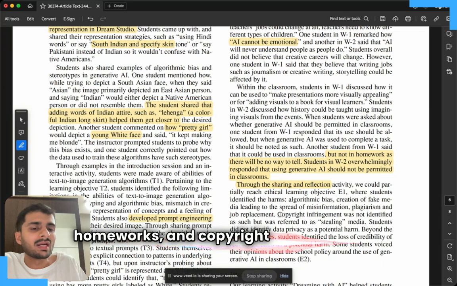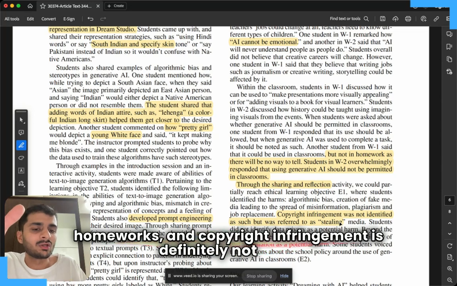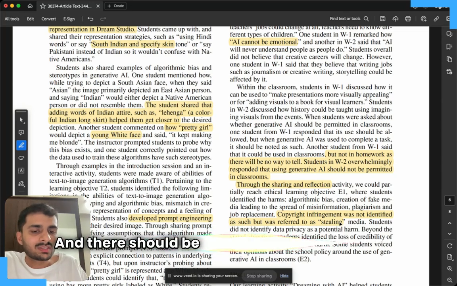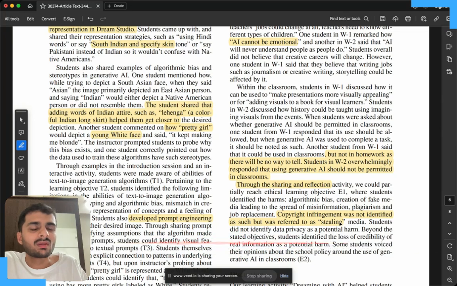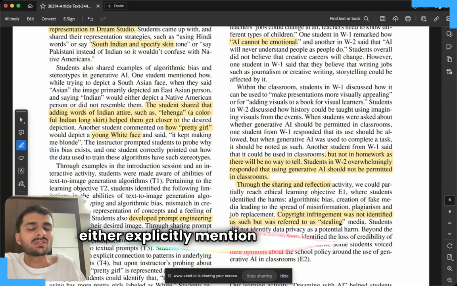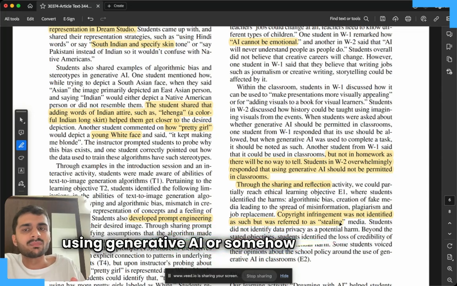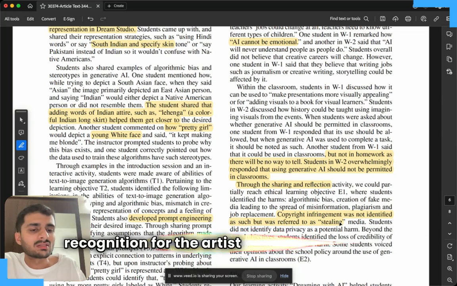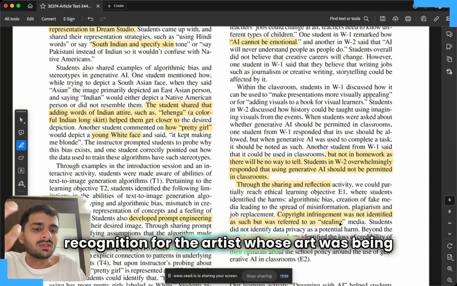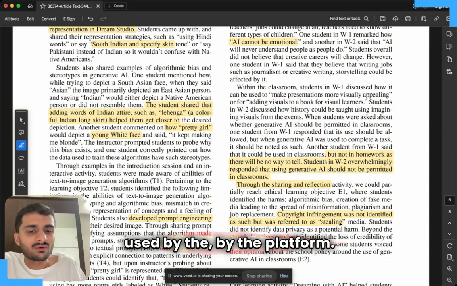And copyright infringement is definitely not right, and there should be some policies which should either explicitly mention that this art was generated using generative AI, or somehow give the right recognition to the artist whose art was being used by the platform.